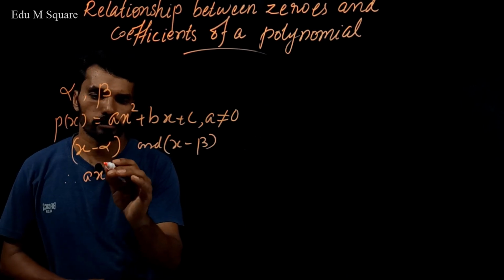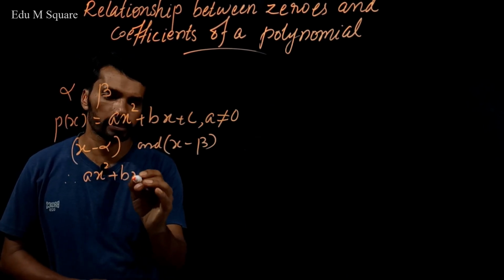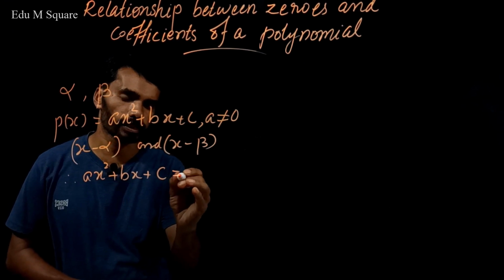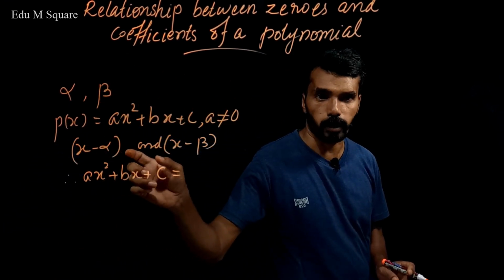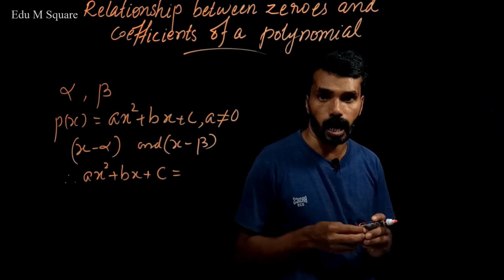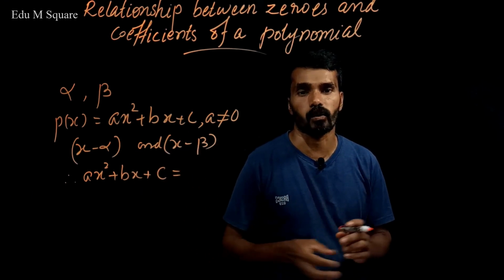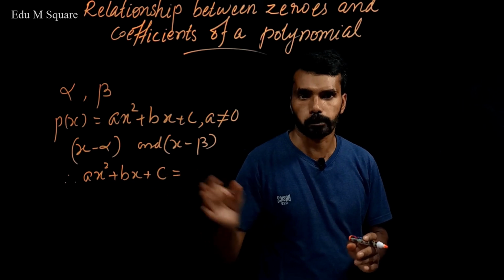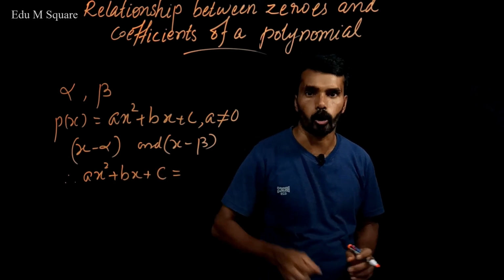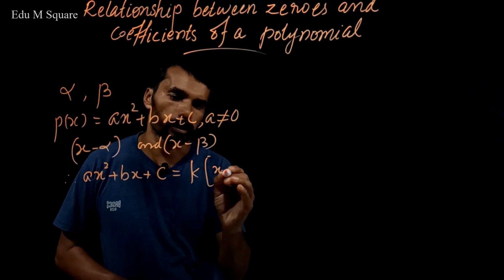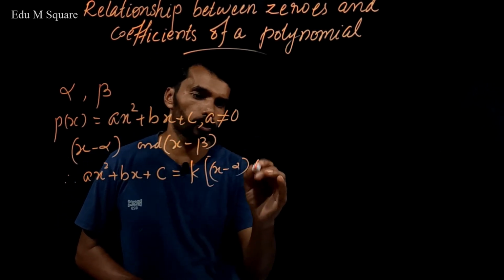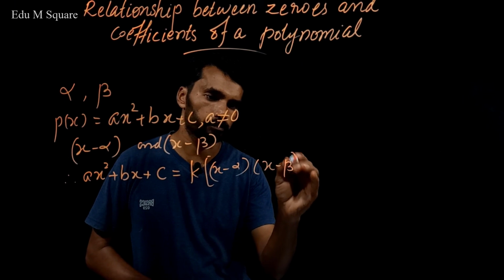Ax square plus bx plus c is equal to, that is, if x minus alpha and x minus beta are two factors of ax square plus bx plus c, then this polynomial is equal to k into x minus alpha into x minus beta.